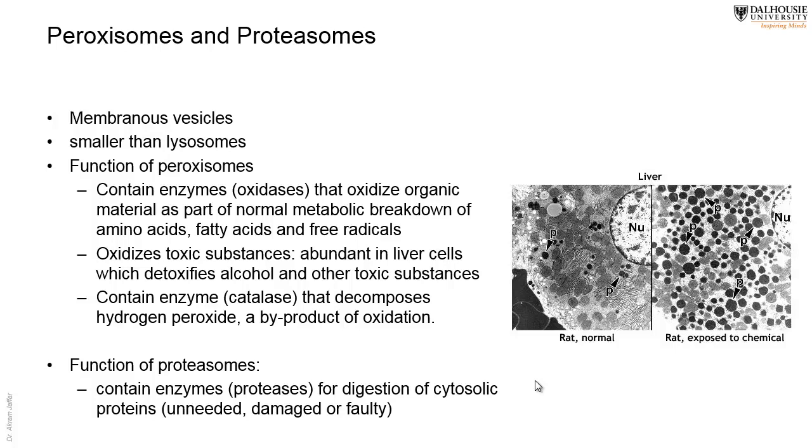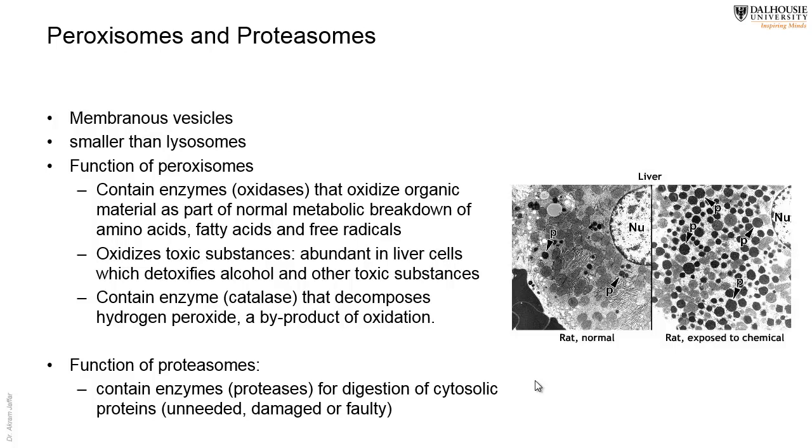Hydrogen peroxide in itself is a toxic material. So these peroxisomes also contain other enzymes called catalases that decompose the hydrogen peroxide, which is a byproduct of oxidation. So they contain oxidases that oxidize, and catalases that destroy the hydrogen peroxide, the byproduct of oxidation.